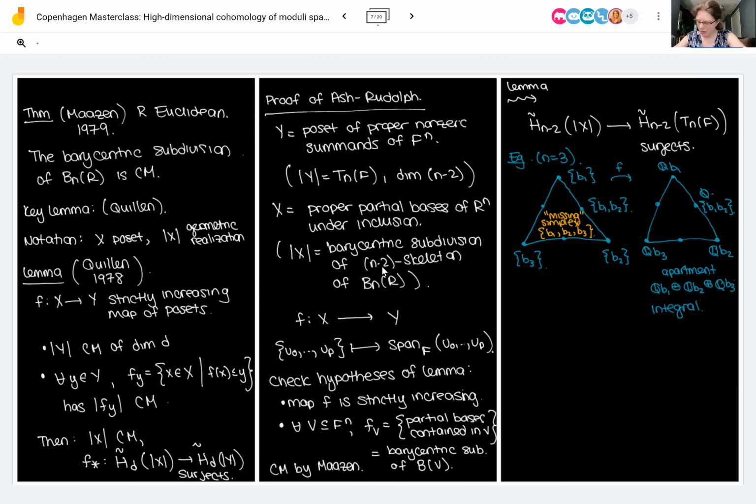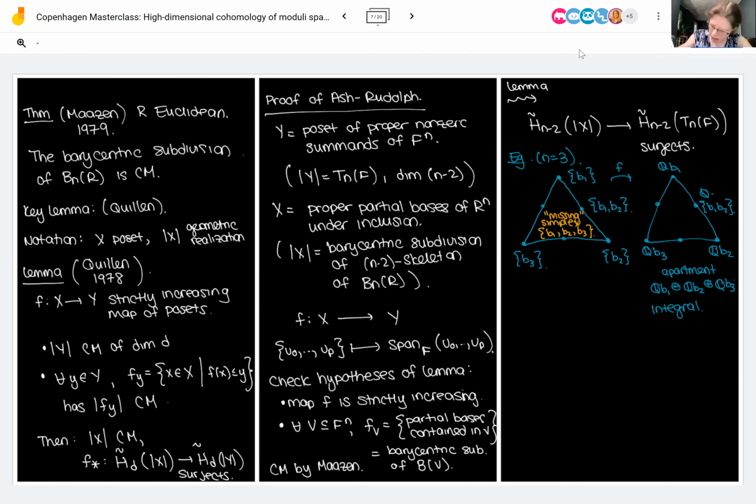Let's verify that. And then this will conclude our result that the homology group is generated by the images of the boundaries of these deleted simplices, and those images are exactly the integral apartment classes.